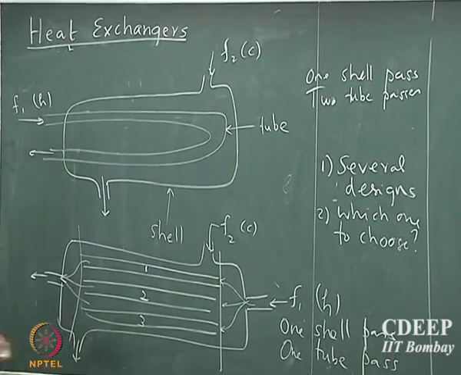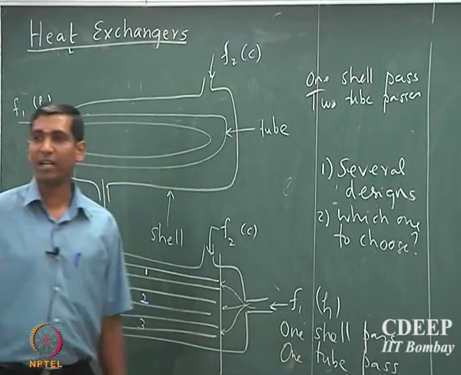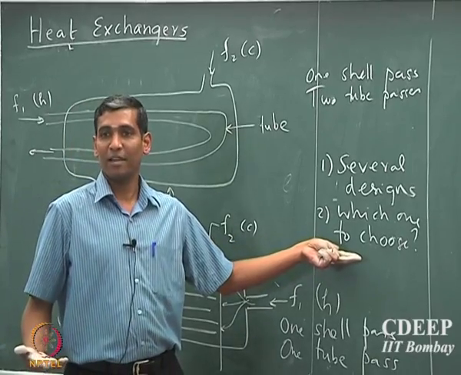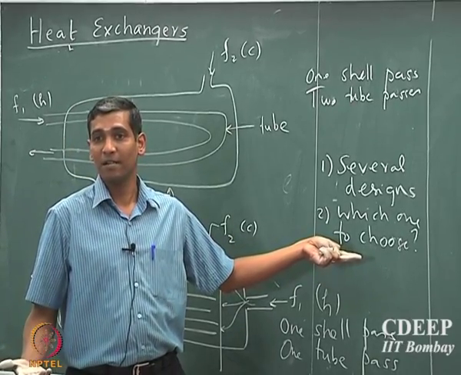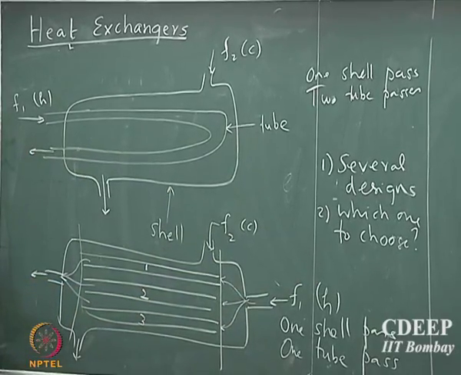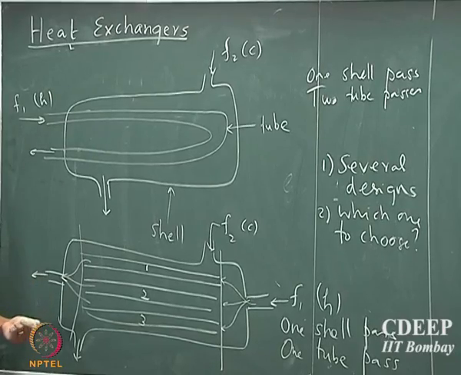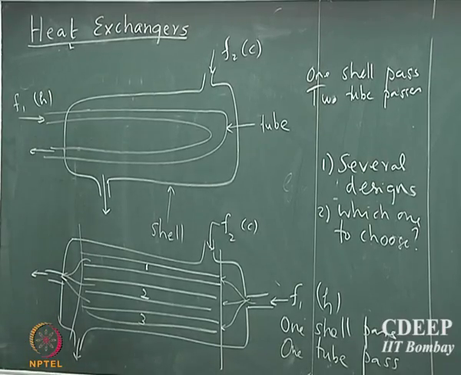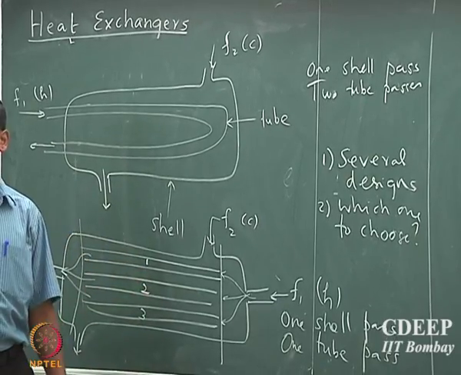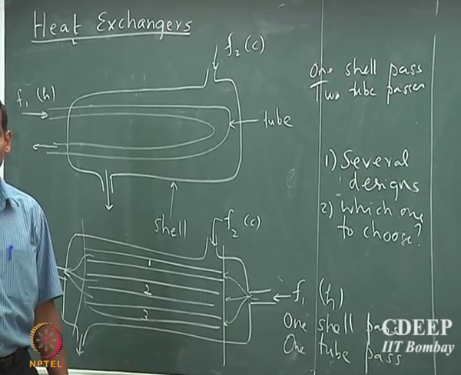So, here the technical design and the economics play a strong role, particularly when you look at heat exchange, both in terms of the cost of construction and in terms of the cost of pumping the fluid with respect to the extent of heat transport that is desired.